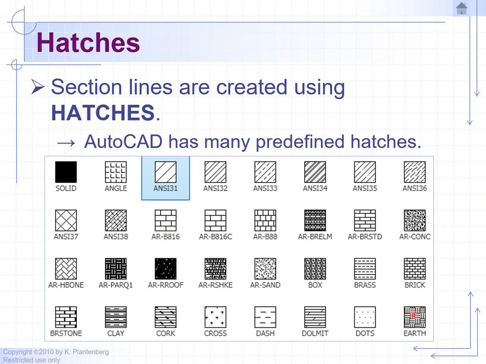I don't see the concrete pattern here, but it's a combination of dots and sand for concrete. For example, for the footing, foundation for a building or a house. But you'll see some more of these patterns that are dedicated for architecture and also civil engineering. We'll stick mostly to the ANSI pattern 31 and 32, but you're welcome to use any pattern that you like for your assignments. Next slide.